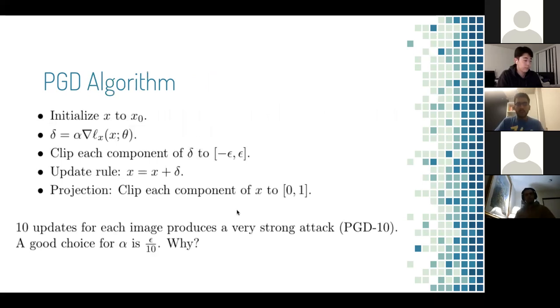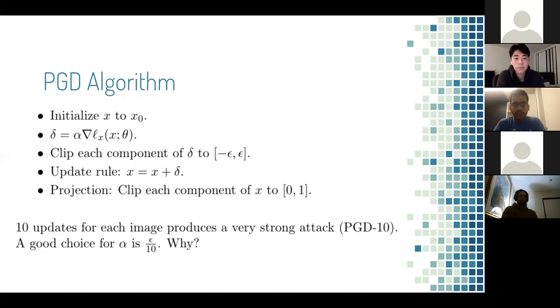So let's look at what the algorithm is doing. And I'll keep going back and forth between these two slides to make sure that we've understood this correctly. So like I mentioned before, X is finally going to be a corrupted image. And we initialize that to the standard uncorrupted image.